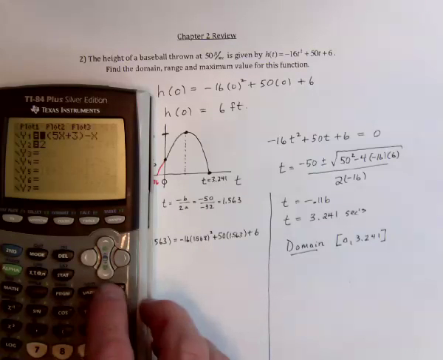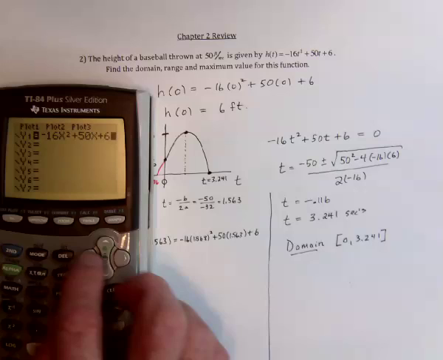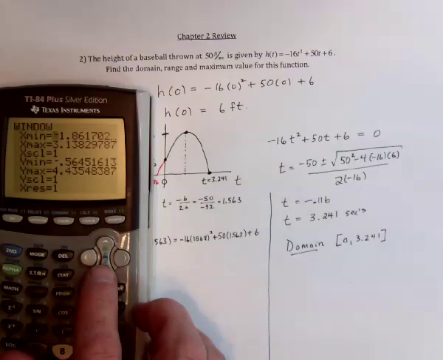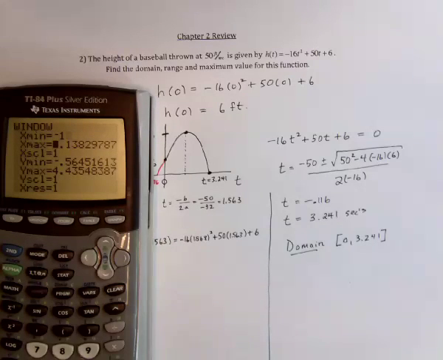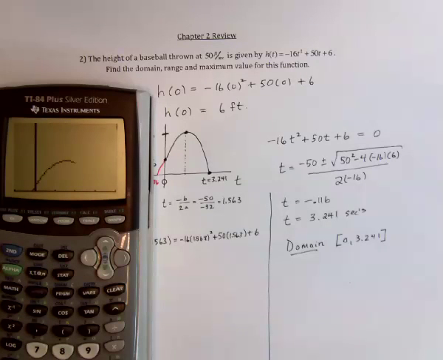So go to y equals negative 16x squared plus 50x plus 6. And for the window, I can have it go from negative 1, and this goes out to 3.2, so let's say I just go to 4. And then for the height, 0 to, I'm not sure, but I'm going to try 100 feet for a baseball and see how that looks. Yeah, not bad.